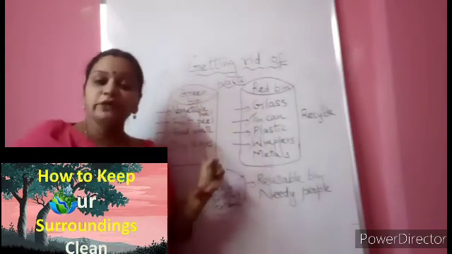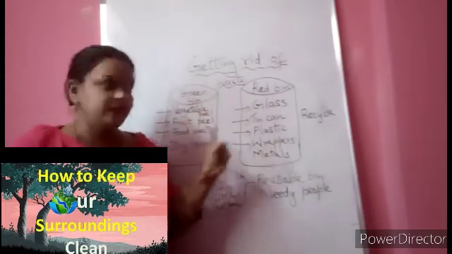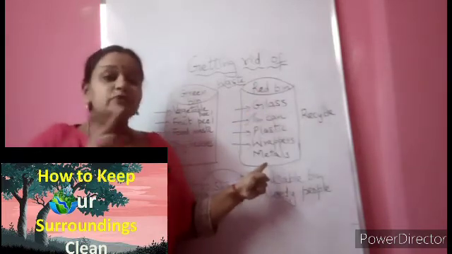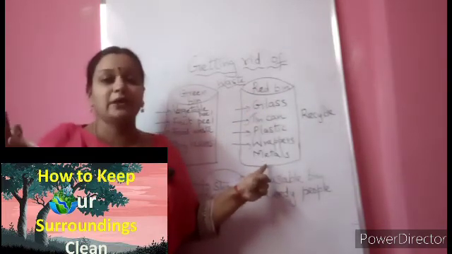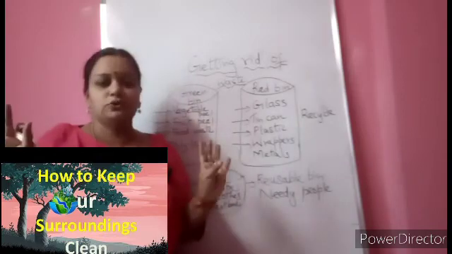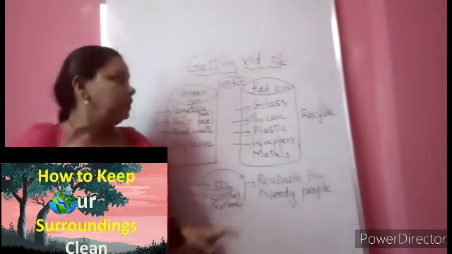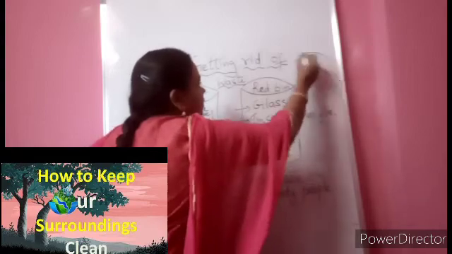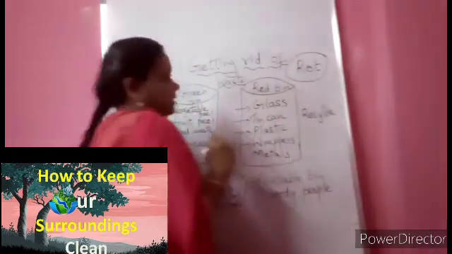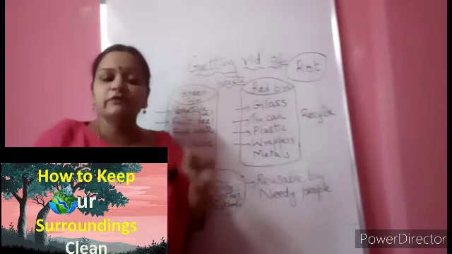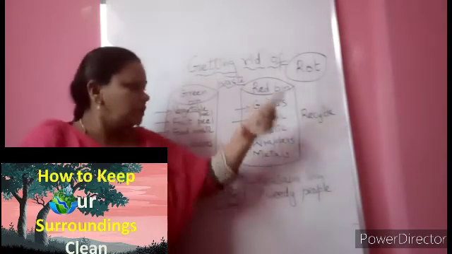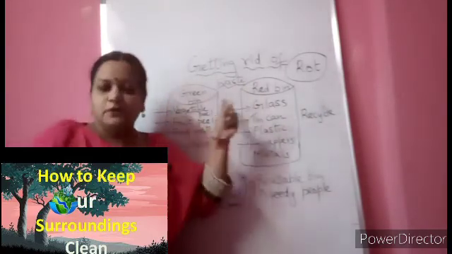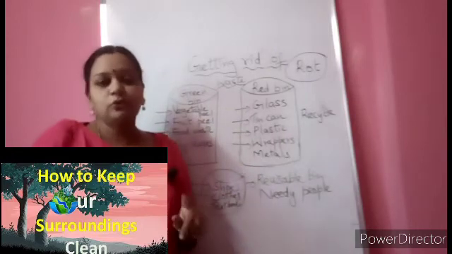Which should go in the green bin? Which will rot easily. Which go to the red bin? Which will not rot easily, or don't rot at all. Some of them will not rot. So the spelling of rot is very important for you, and you should also learn the meaning of rot, children. Rot is the important keyword of this part of the lesson, and whichever words are new, as I told you, you have to learn them.